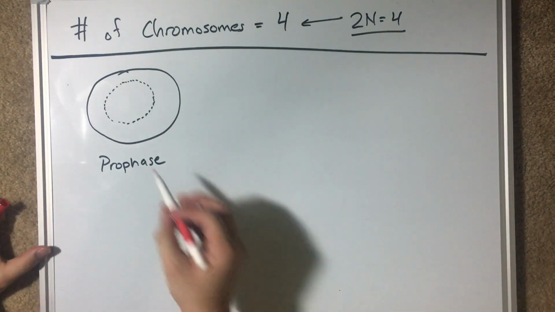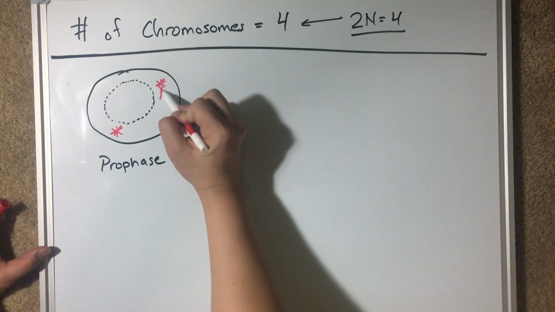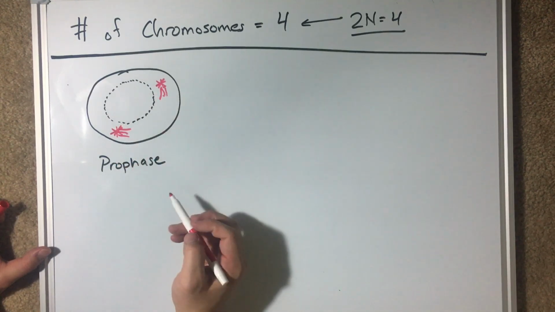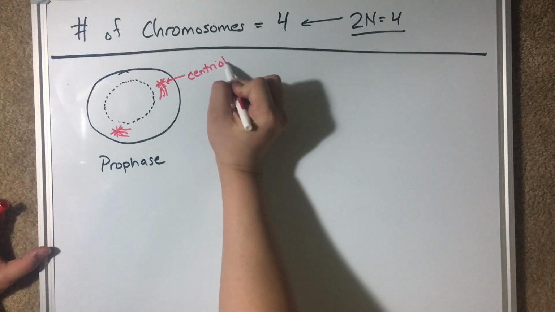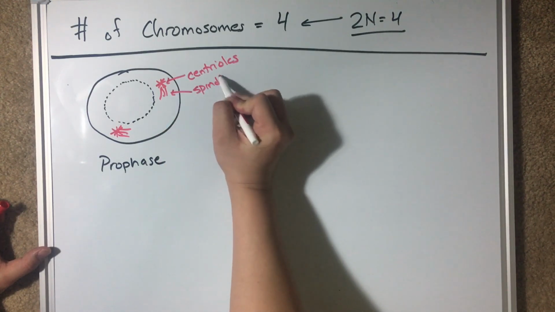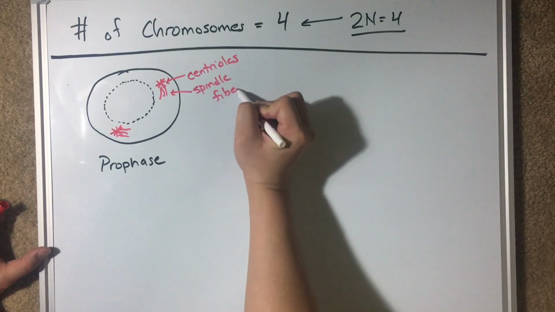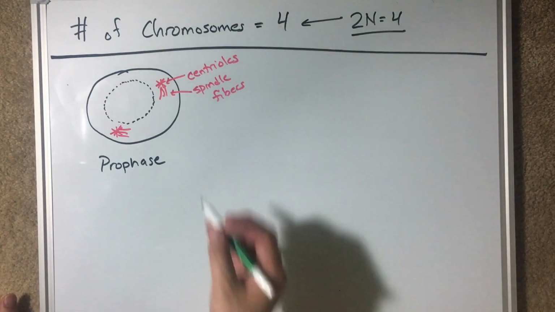We have these structures, and these are called centrioles and spindle fibers. And then inside of this cell, I'm going to draw the number of chromosomes, which here is 4.